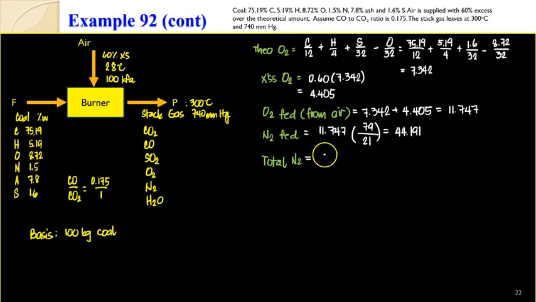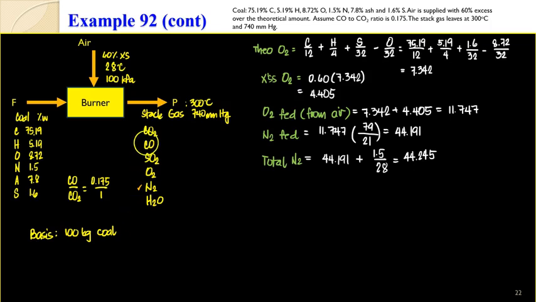So that is 44.191 plus the nitrogen from the fuel, which is 1.5. However, since that is N and this is N2, we divide by 28. This gives us 44.245 kilomoles.